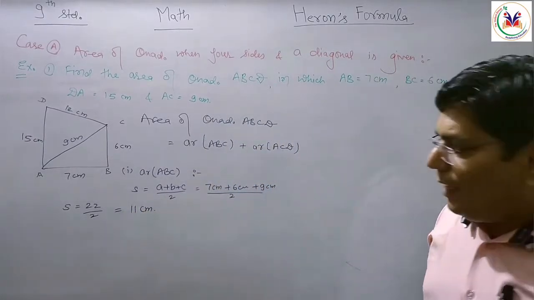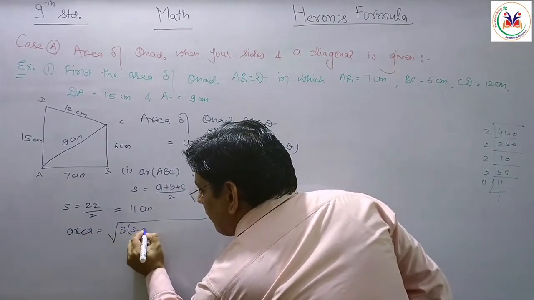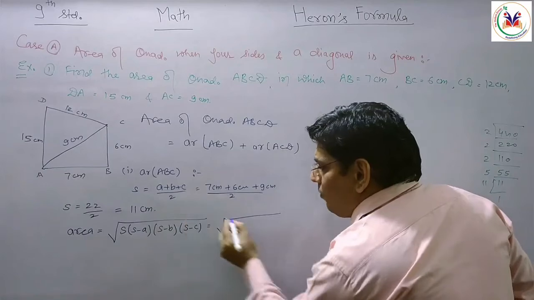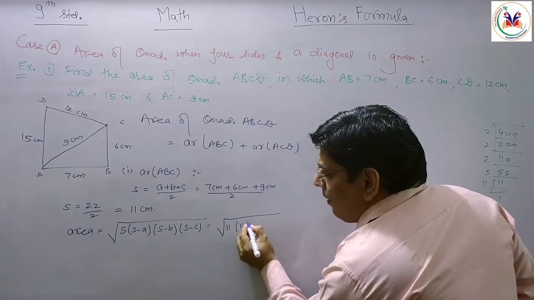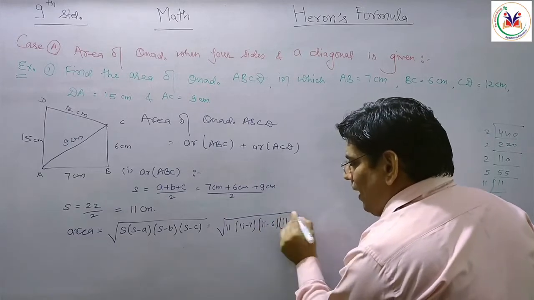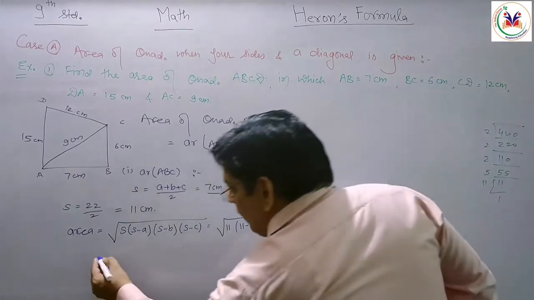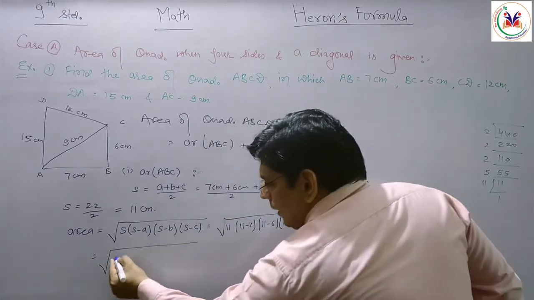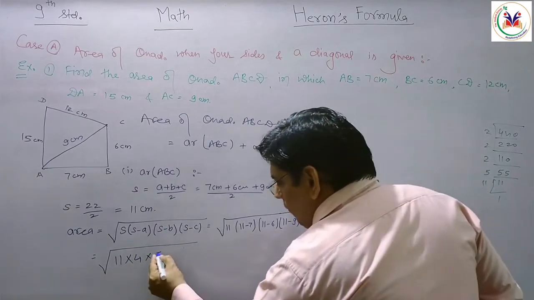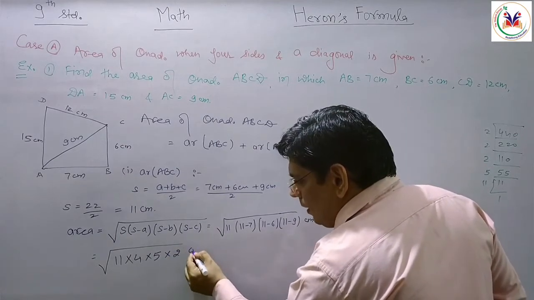Now, after getting S, we go for the area, using the formula square root of S into S minus A, S minus B and S minus C. S we have got 11, so 11 into 11 minus 7, 11 minus 6 and 11 minus 9, and that will be in centimeter square because the unit of area is square. So 11 into 4, 5 and 2 centimeter square.